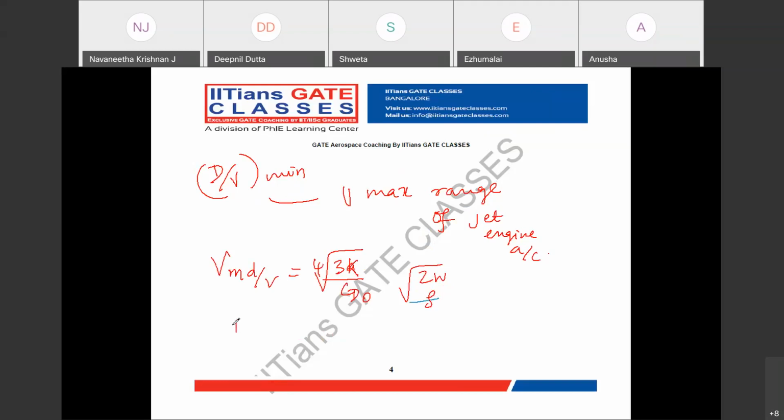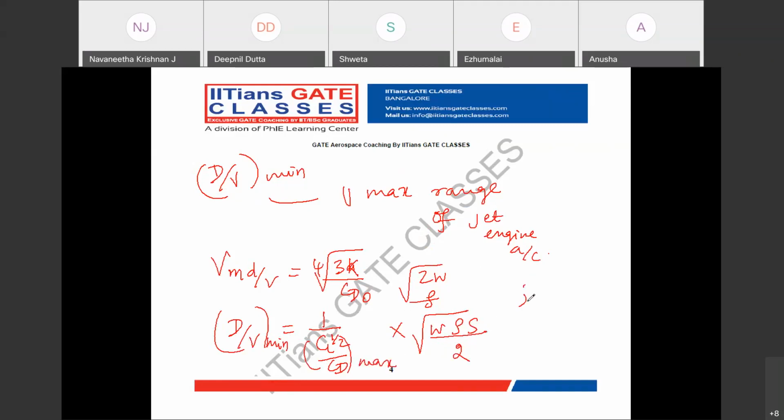My drag to velocity is nothing but 1 divided by CL power 1 by 2 by CD into root of weight into density into wing area divided by 2. So drag to velocity minimum occurs only when CL power 1 by 2 by CD becomes maximum. When I obtain this condition, I get my drag to velocity minimum.